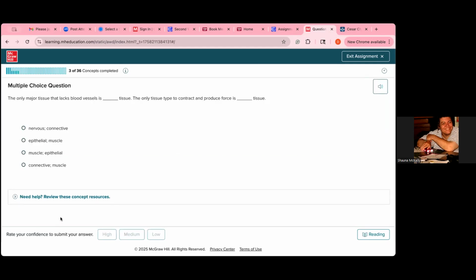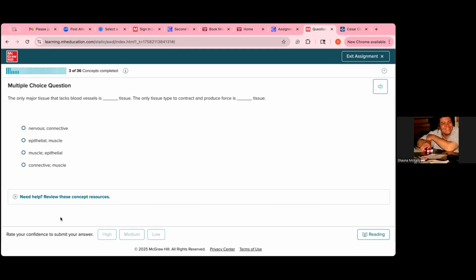Okay. The only major tissue that lacks blood vessels is blank. The only type to contract and produce force is blank. I think for the first one, it would be epithelial.